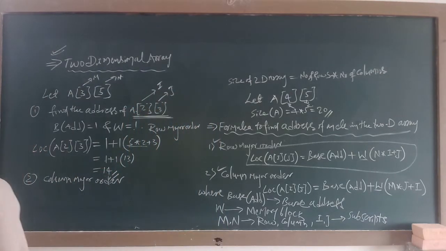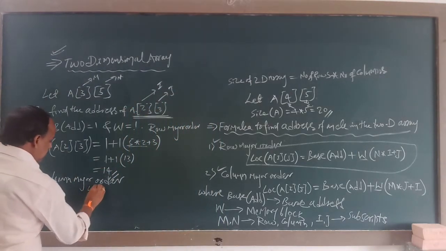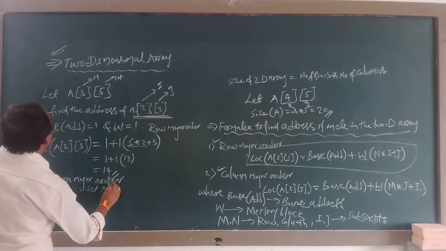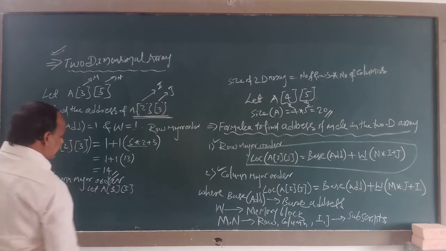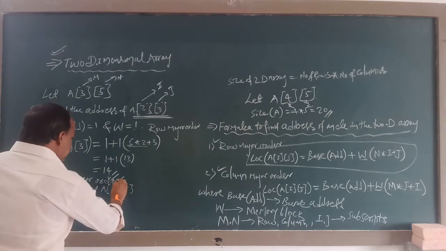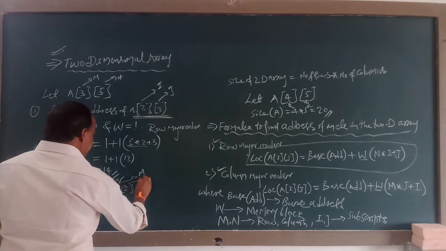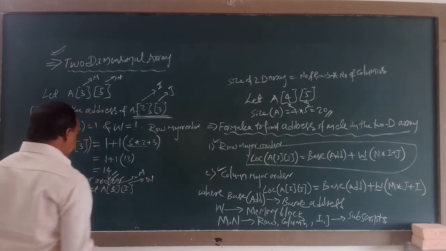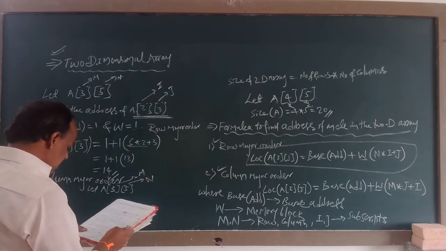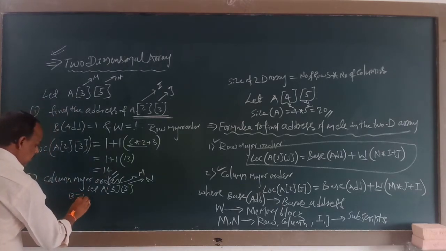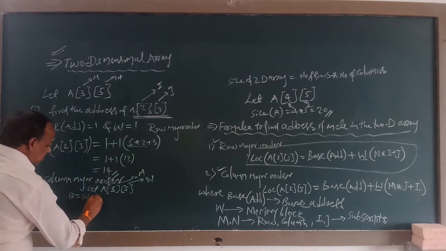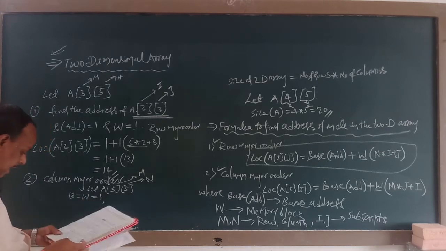Here also consider an array. Let A of 3, 5 be an array. So 3 represents M, and 5 represents N. And here also base address is equal to 1 and number of blocks is equal to 1. Then we have to find what?